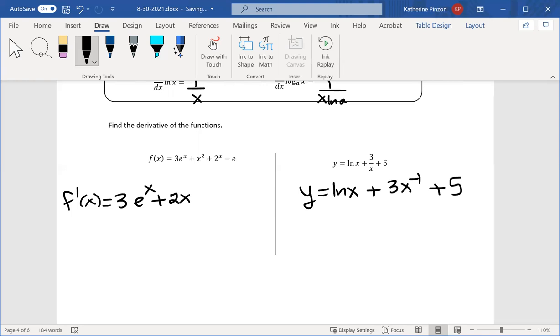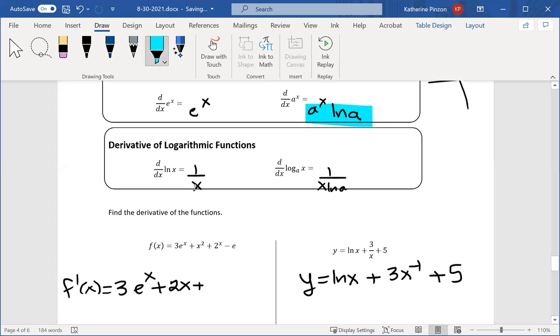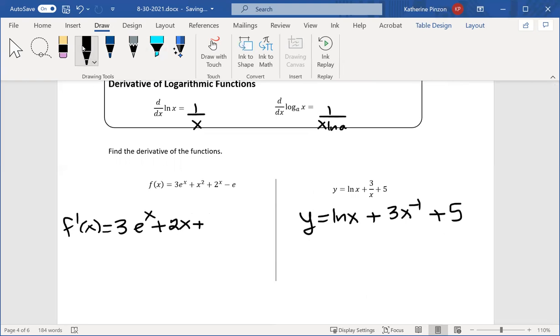So I'm not even going to write the 1 there. Plus derivative of 2 to the x. 2 to the x is this rule here, where my a is 2. Anytime my base is not just e, I have to use this rule, where my a is that base. So 2 to the x, natural log of 2. Minus, what did you tell me the derivative of e is? 0. Okay. Good.